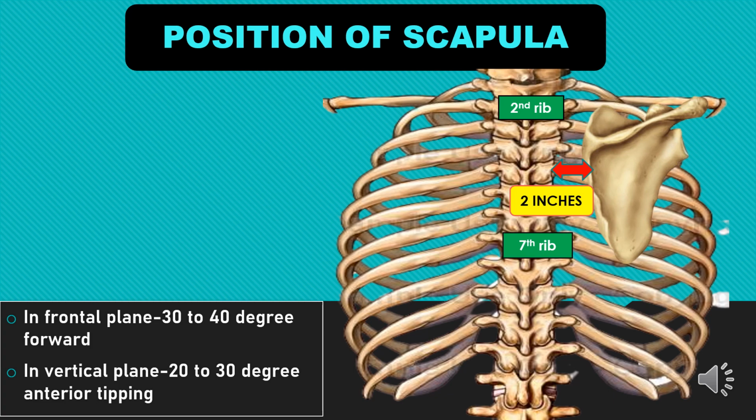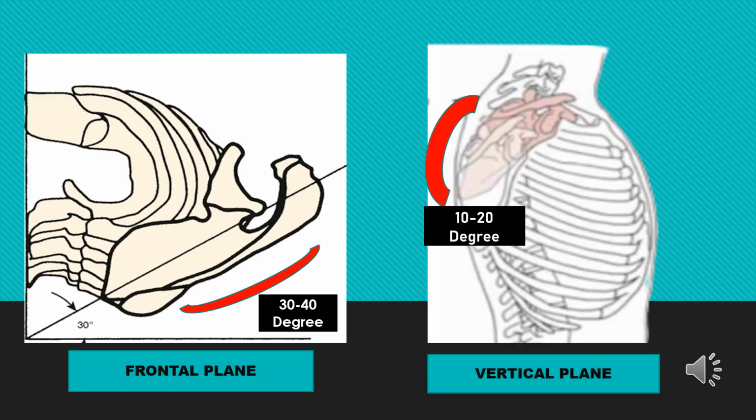Let's have a look at how it is placed in the frontal plane and the vertical plane. So in the frontal plane, the scapula position is 30 to 40 degrees in forward direction, and if we look at the vertical plane, it is tilted anteriorly at an angle of around 10 to 20 degrees.